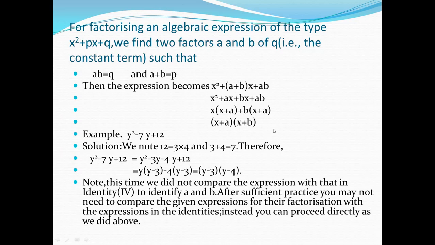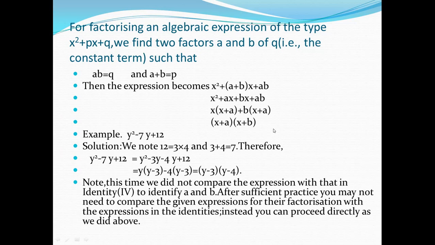Then the expression becomes x square plus (a plus b) multiplied by x plus ab. That is x square plus a multiplied by x plus b multiplied by x plus a multiplied by b. In the next step, x will be the common factor for the first two terms, so we can rewrite as x(x plus a), plus in the last two terms b is the common factor, and inside the bracket we can write x plus a.